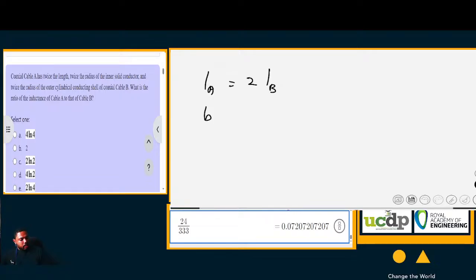Okay, so the radius BA, what I said, B is equal to the radius of the outer conductor. Okay, so the radius of the outer conductor is 2 times the radius of the inner conductor of cable A.